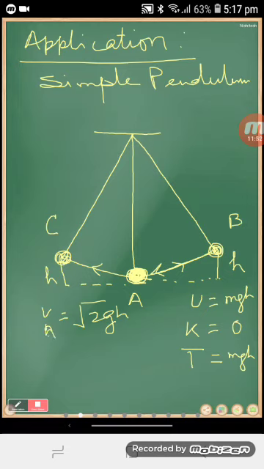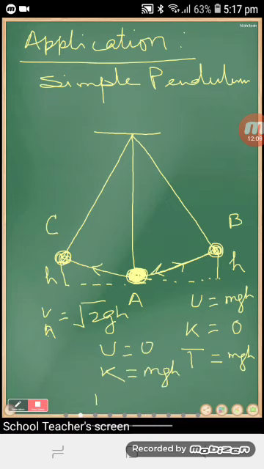Now, at A, the potential energy will become zero. When we say potential energy becomes zero, it means that the entire potential energy gets converted into kinetic energy, which will be mgh, and as a result, T will again be equal to mgh. Now the bob moves to the other extreme C, and again it gains height.